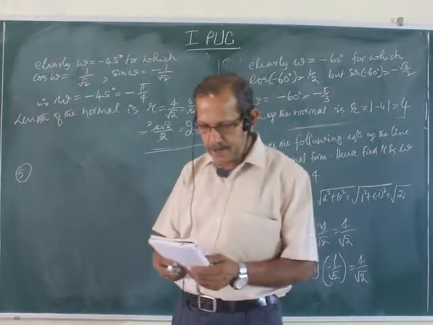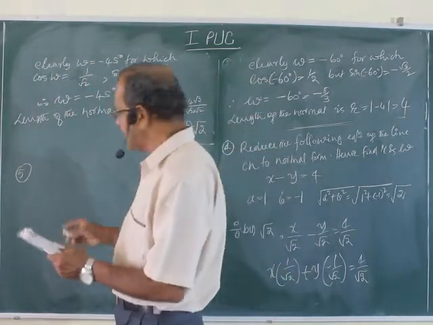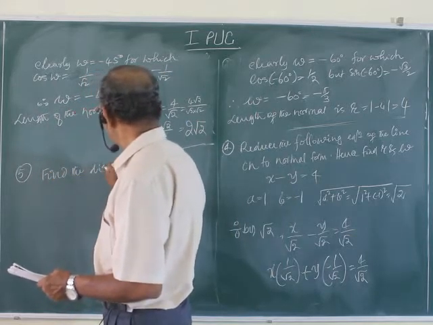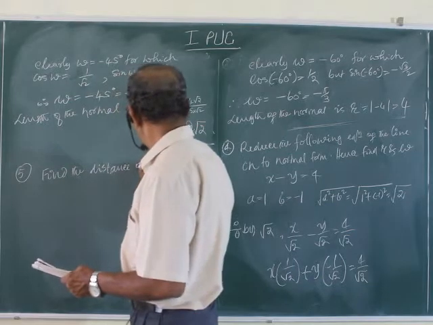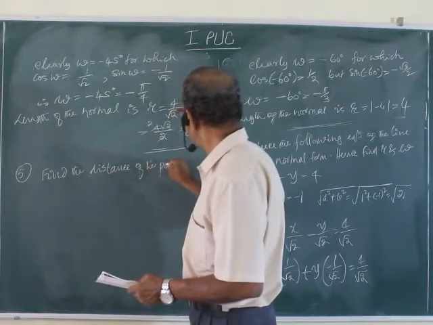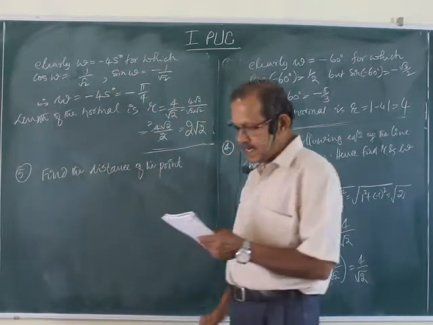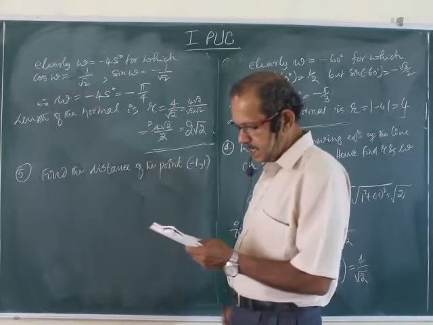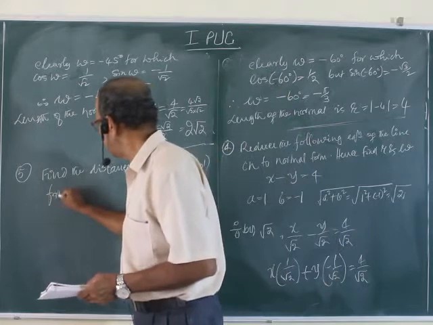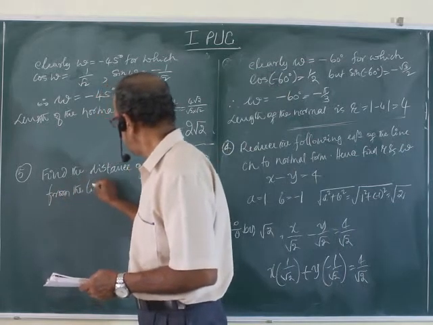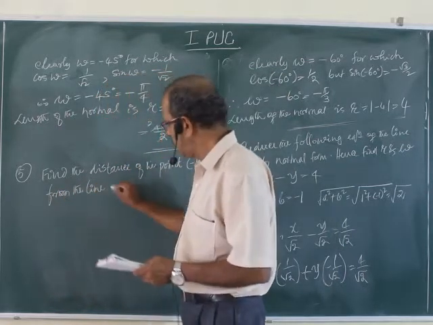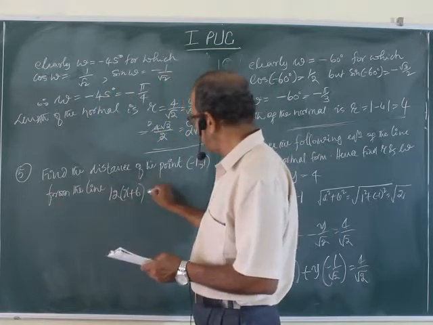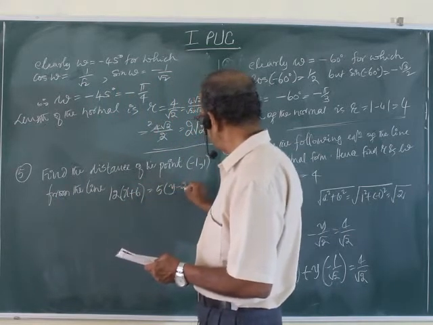Problem number 5. Find the distance of the point minus 1, 1 from the line 12 into x plus 6 equal to 5 into y minus 2.